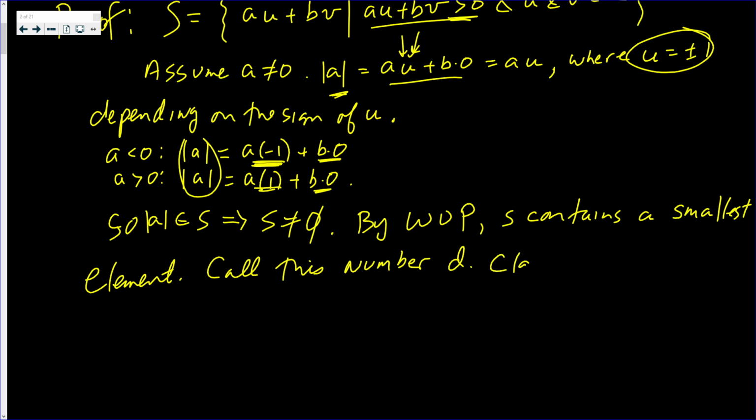Now, I make this big claim. I claim that D is equal to the GCD of A and B. Well, I need to show two things.